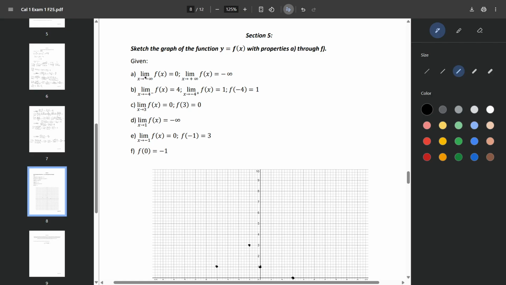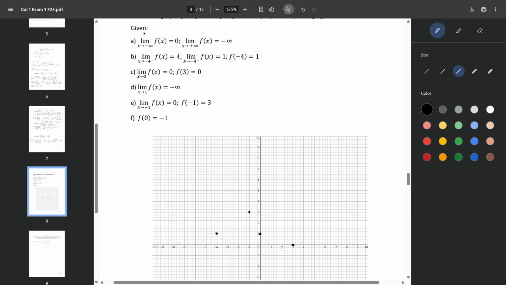Now we could do the A part. Limit of x approaching -infinity of f of x equals 0, and the limit of x approaching infinity of f of x equals -infinity. So the first part of A means that as the graph goes to the negative side of x, it's going to approach the value of 0.